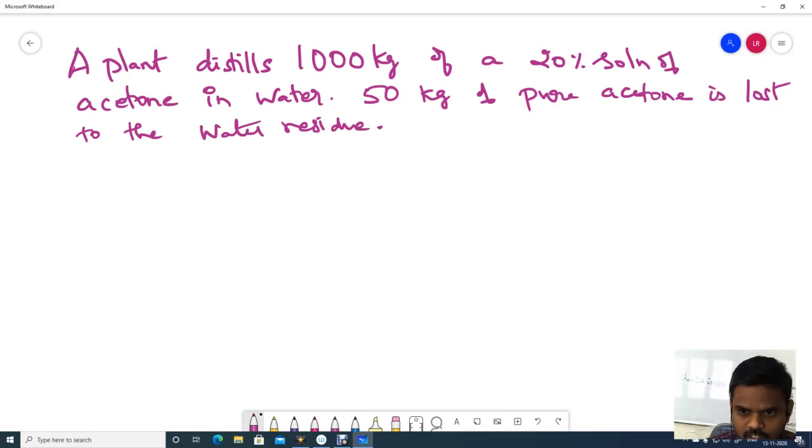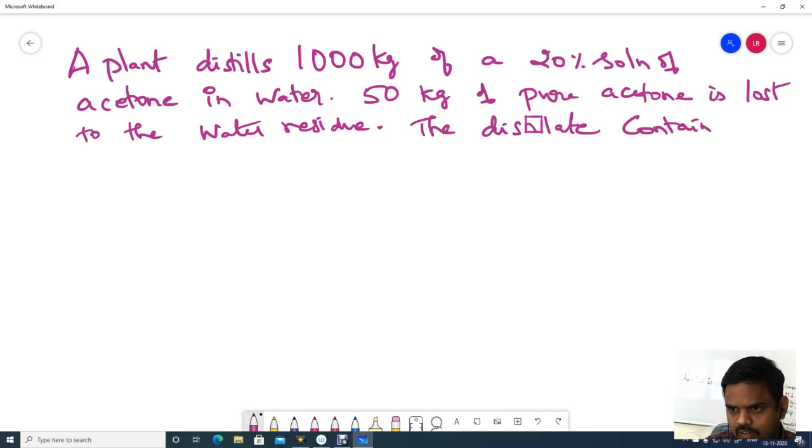The distillate contains 90% acetone and 10% water.